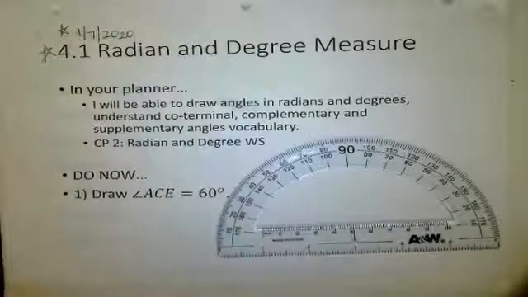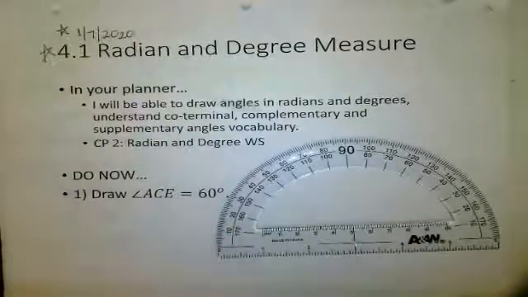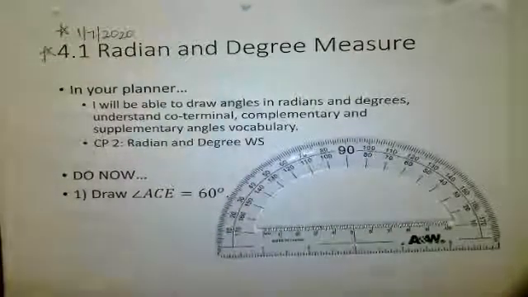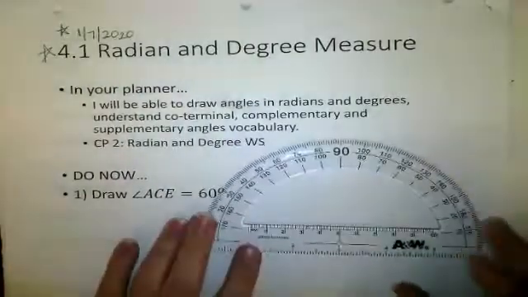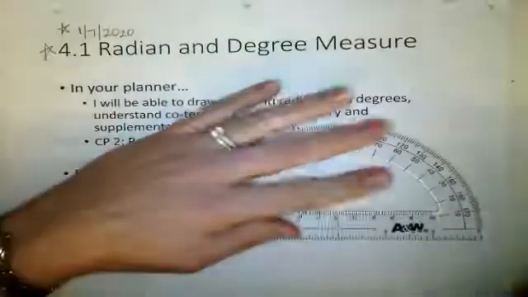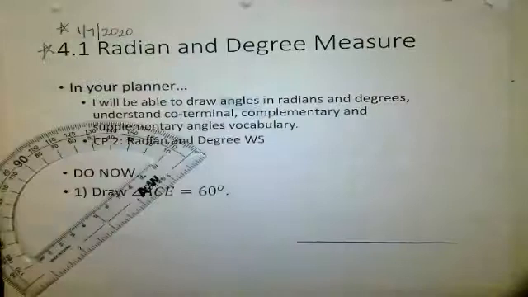I'm not so anal retentive that I'm going to make you draw a perfect 60-degree angle. But I do want to make sure we all know how to use a protractor, because you will have to use the protractor when we do the unit circle projects, like next week or so. So to get started, to draw, I need a straight segment.